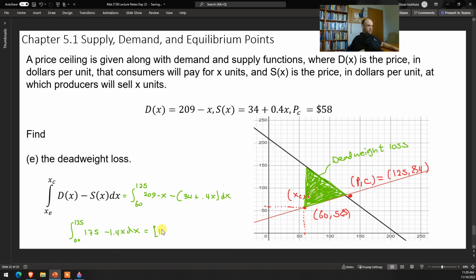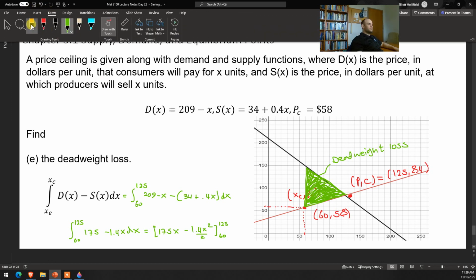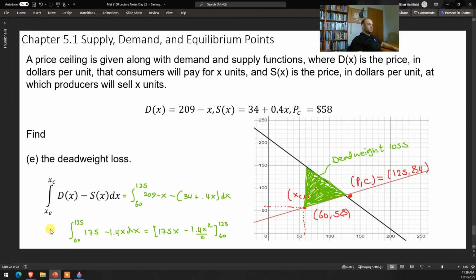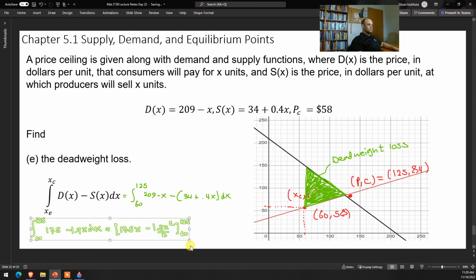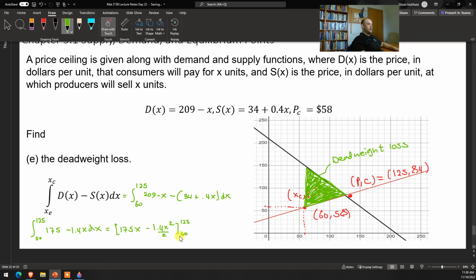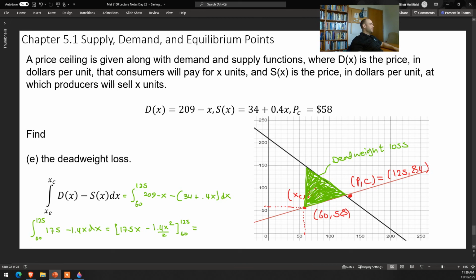Now we can find our antiderivative. That is 175x minus 1.4x squared over 2, evaluated from 60 to 125. Lastly, we can do the evaluation. We plug in 125 and we subtract when we plug in 60.